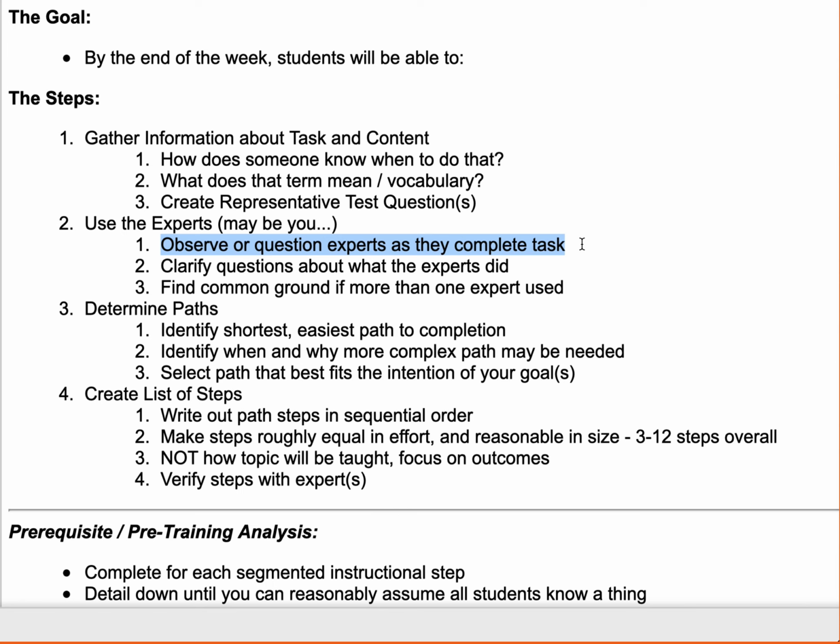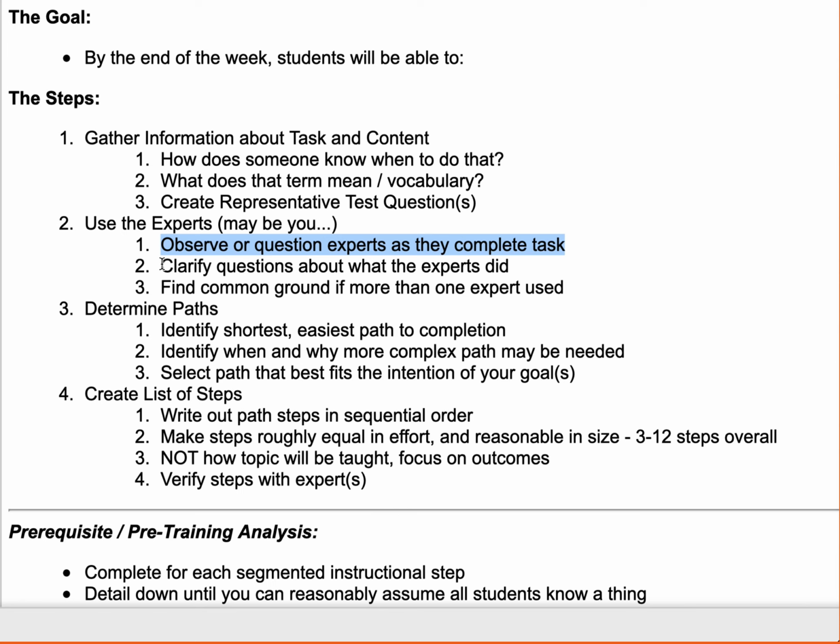And that could mean videotaping them or just watching and taking notes. What did they do? Ask them to clarify why they did something. Why did they make a particular decision to do something a certain way? What was their thought process?